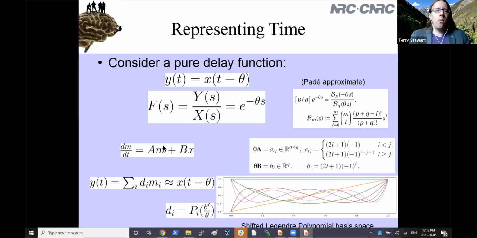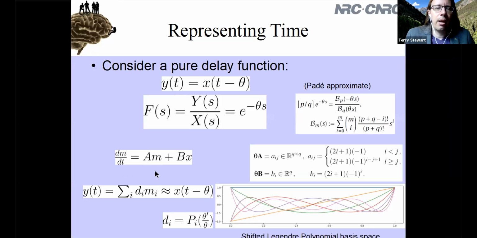If you look at what it's actually doing, it's taking that past window in history of its input and representing it using a Legendre basis space. Basically, one way to think of this variable m that has been created is that the first element represents the average value over this window in time theta.